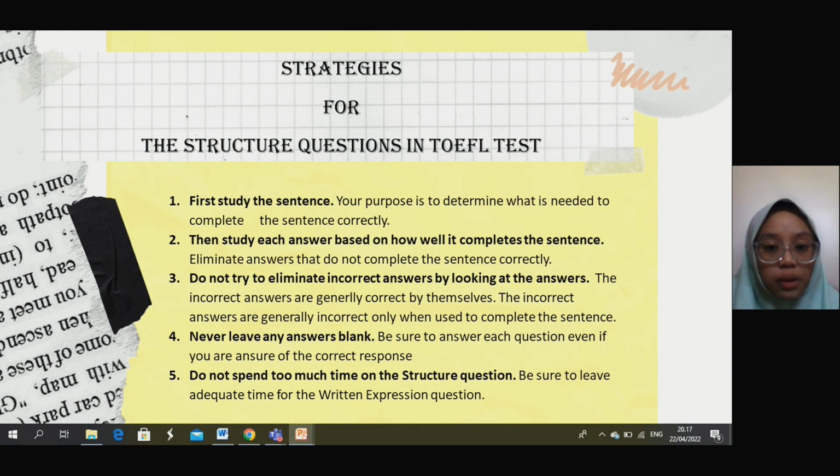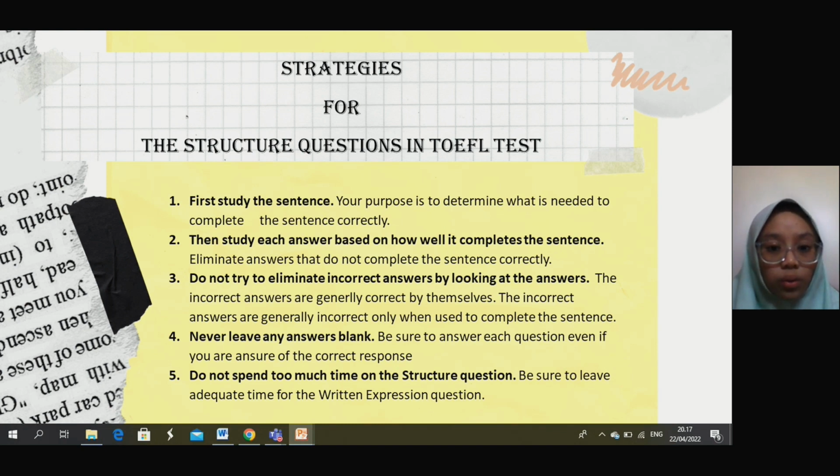Lastly, the fifth step is do not spend too much time on the structure question. Be sure to leave adequate time for the written expression question. So, you don't spend too much time on the structure question because you still have written questions.